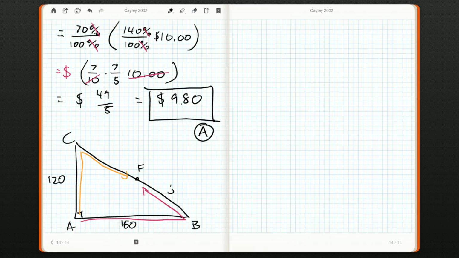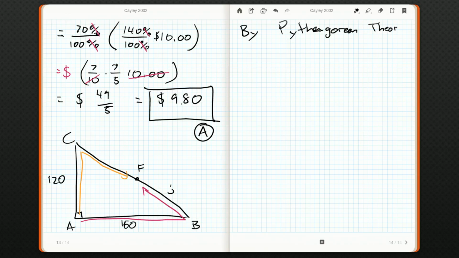But I have a right angle triangle here. So, by the Pythagorean theorem, Pythagoras' formula, whatever you want to call it, we know that the sum of the squares of the two legs of the triangle are equal to the square of the hypotenuse, which is BC.